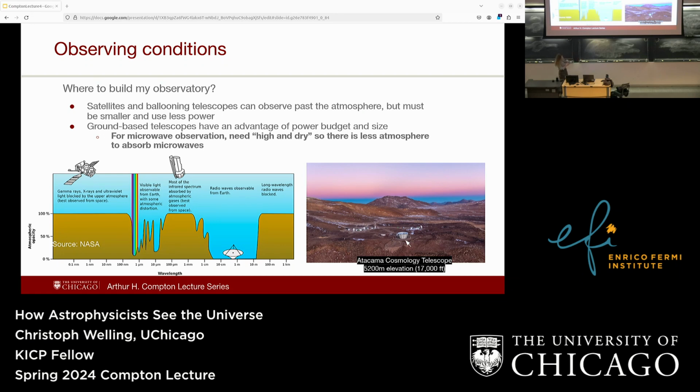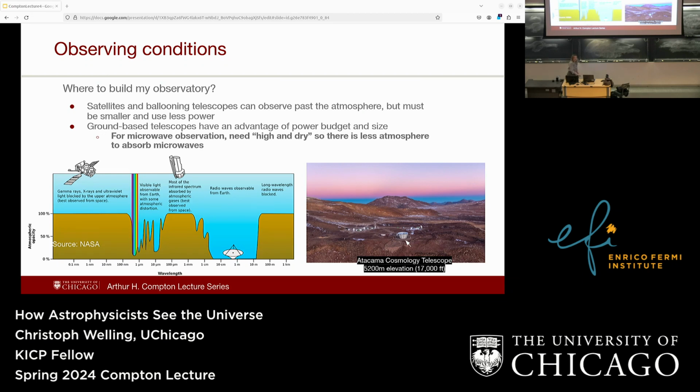And you want to put your telescopes where the dips are. What we really want to measure is right here. If you go to the Atacama Desert, these dips basically drop to 0. And so you get these 2 pristine bands that are exactly where the CMB peaks.